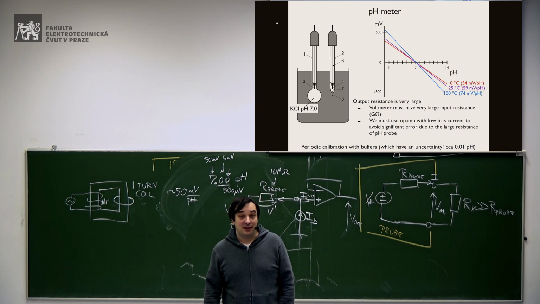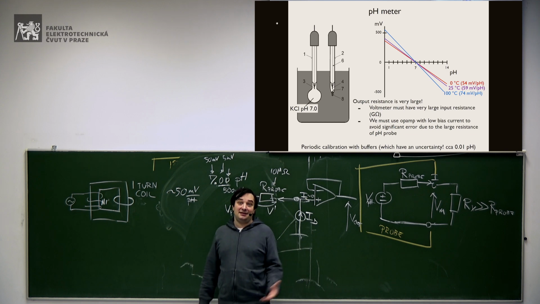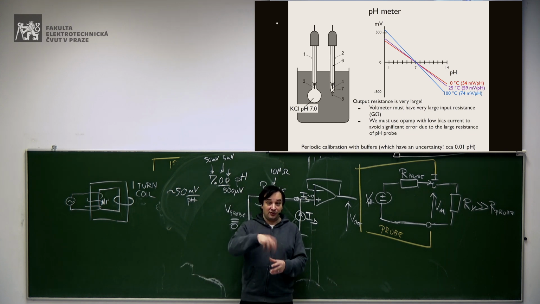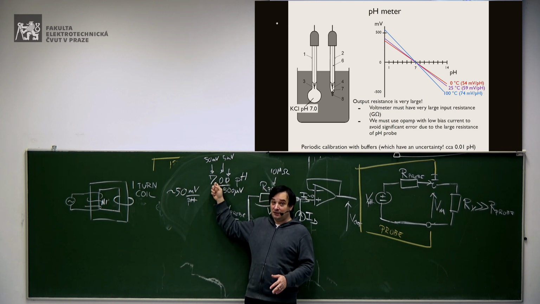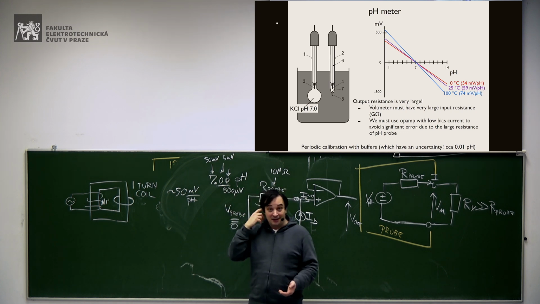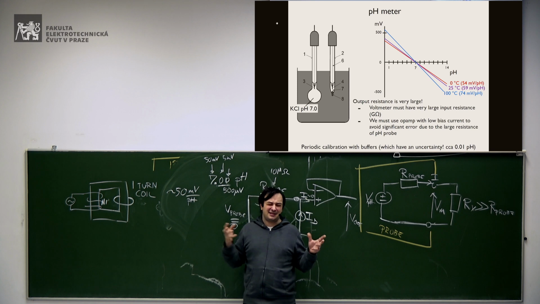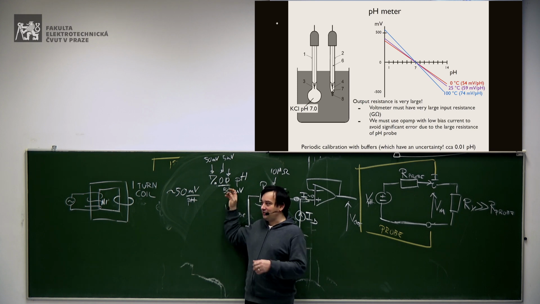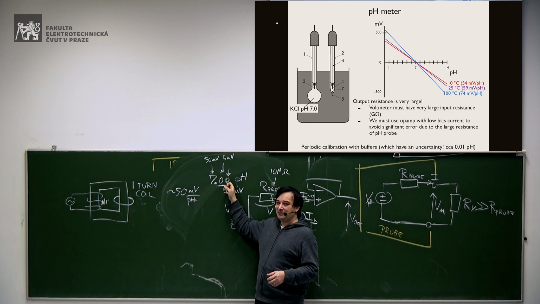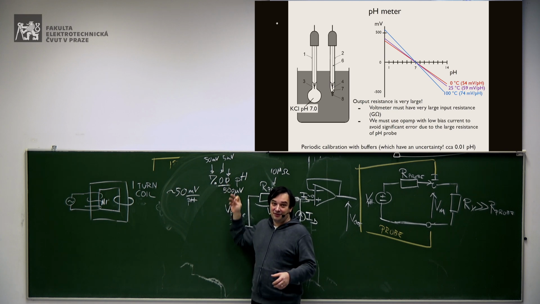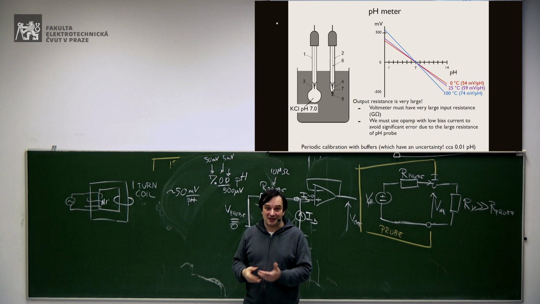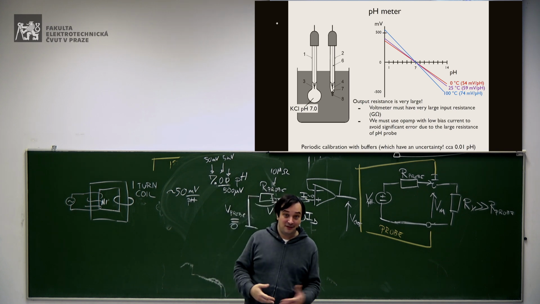Typically the pH of the solution you use for calibration is known within 0.01 unit of pH uncertainty. So even if some pH meters have 3 digits, they don't say much if you calibrate with buffers which have uncertainty at the 2nd digit. The 3rd digit is there, but it's below the uncertainty of the calibration.